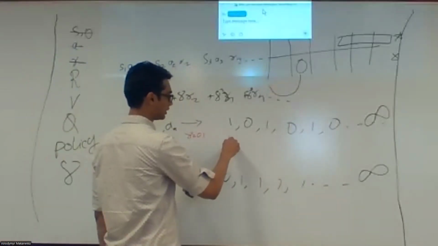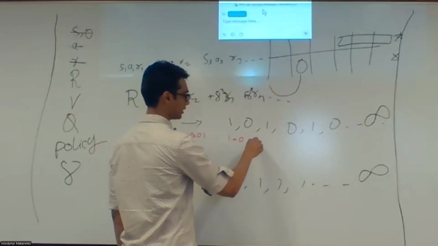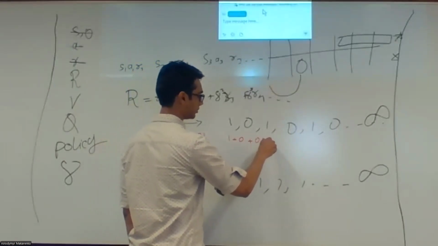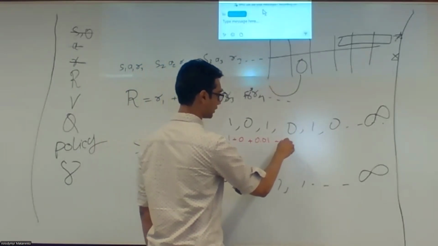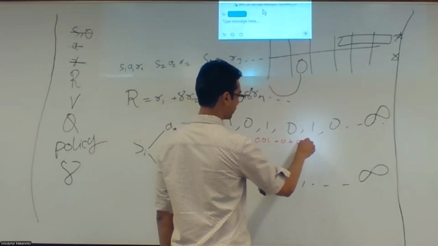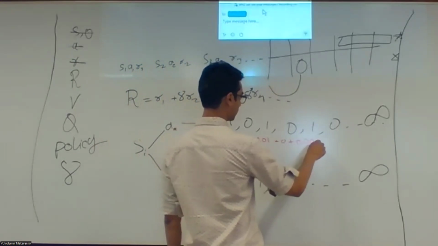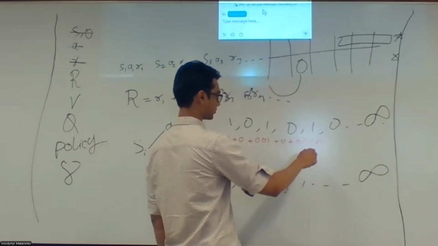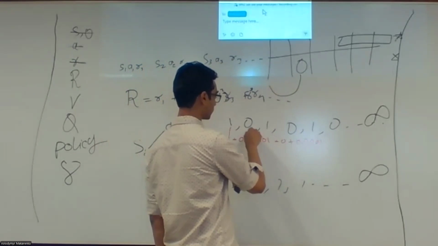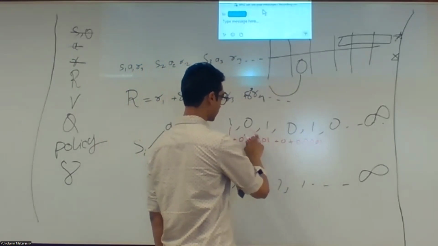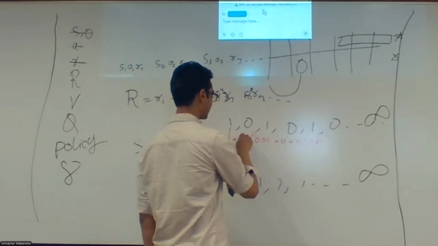It will become 1 plus 0 plus 0.01 plus 0 plus 0.0001. But you still have infinity at the end. That's going to cause it to become infinity.